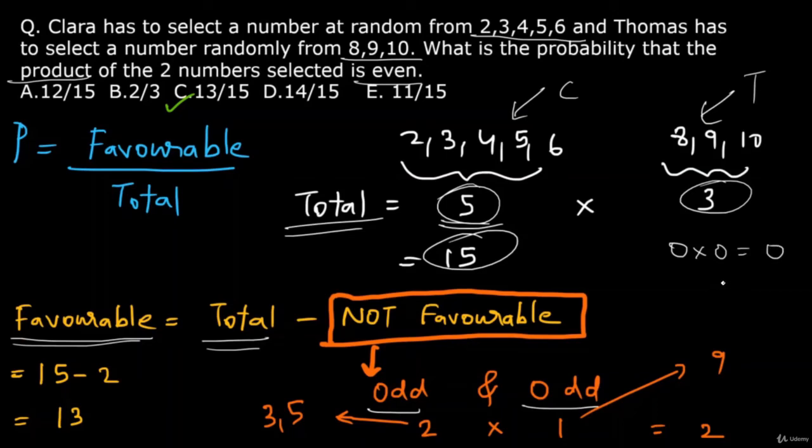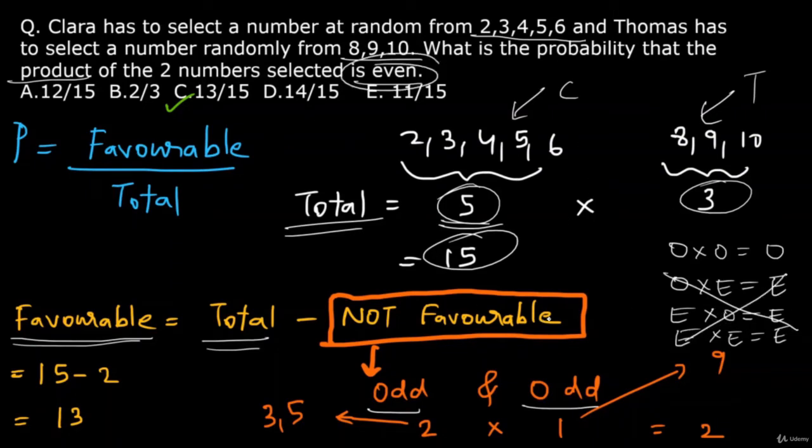For example, 3 into 9 is 27, which is an odd number. You can note that odd into even gives an even number, even into odd also gives an even number, and even into even also gives an even number. So these 3 are favorable because we need an even number. The not favorable case is when both of them select an odd number.